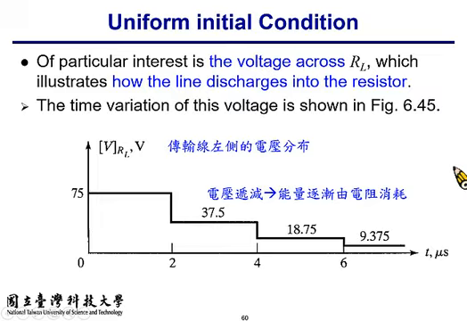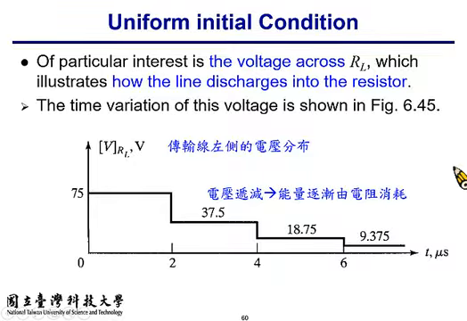When we observe the total voltage at the left end, starting from 75 volts, that is 100 minus 25, it diminishes to 37.5 at 2 microseconds, becomes 18.75 at 4 microseconds, and is cut in half every 2 microseconds. And this figure also suggests the energy dissipated on the resistor.